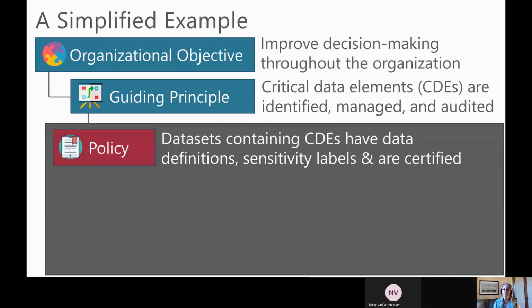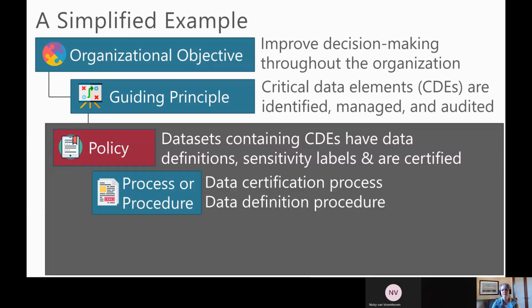So I might have a policy that says something to the effect of, granted this is all super simplified, any data set that contains critical data elements needs to have data definitions that are documented. We need to have our sensitivity labels assigned, and those data sets should be certified. That kind of thing is what I mean by policy, right? Helping your authors understand, here's what I really should do with this data.